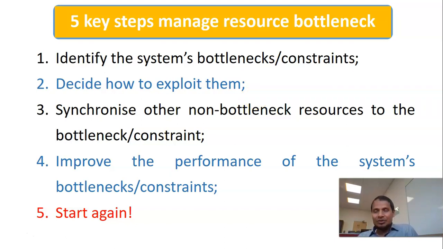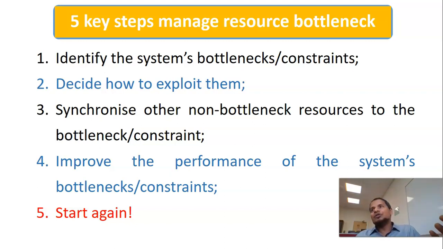As we saw in our previous problem, if machine 2 is the bottleneck resource, then we have to utilize machine 2 the most. It can be labor, it can be material, whatever. Number 3: synchronize other non-bottleneck resources to the bottleneck constraint. We have to use the other resources based on the capacity of the bottleneck resource.